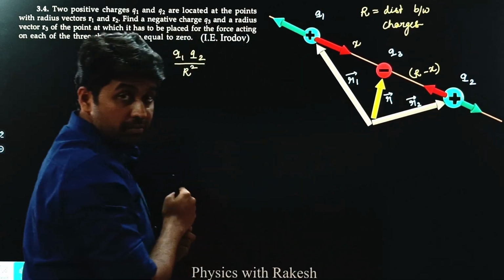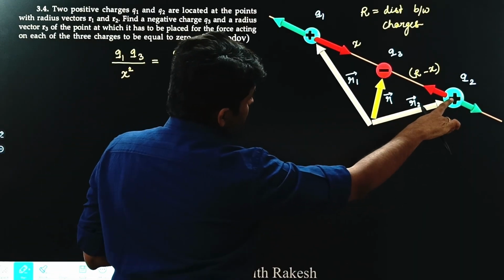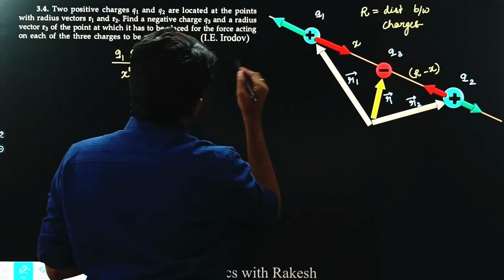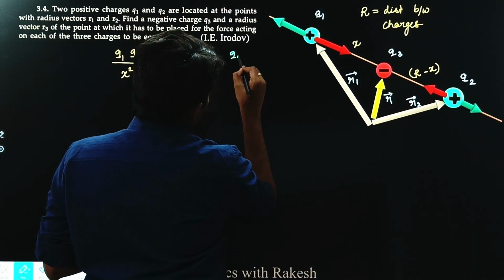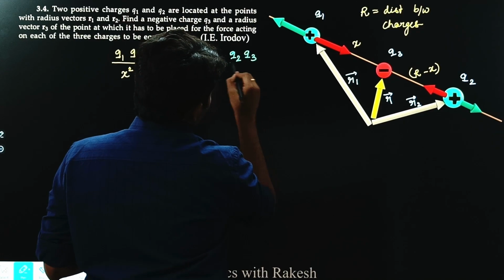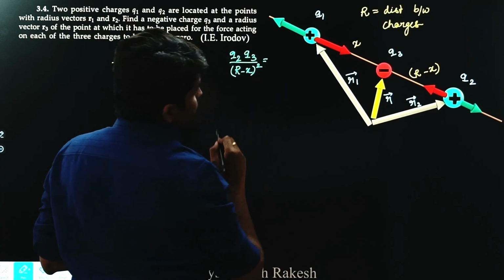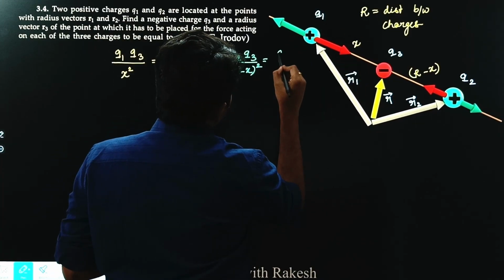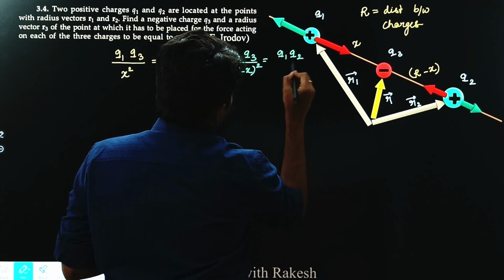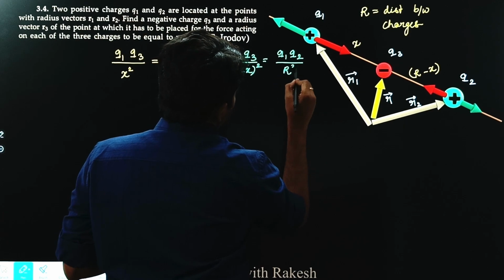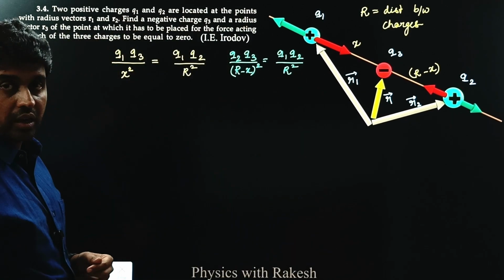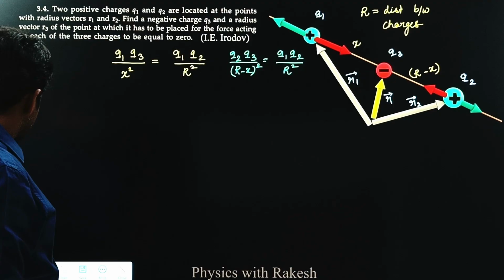This is also in equilibrium, right? So on this, the force due to this is q2 q3 divided by r minus x whole square, equal to, due to this, q1 q2 divided by r square. Now let us simplify this.